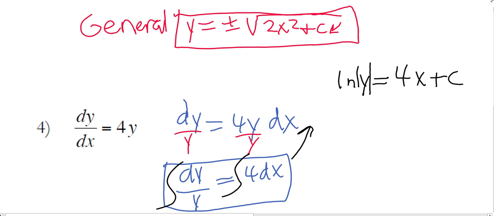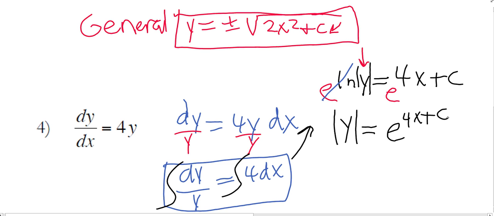When you take the integral there, the natural log always has to be of a positive quantity. So how are we going to get this y out of that natural log? Well, hopefully you remember that we're just going to raise both sides to the e power. And if we do that, you get cancellation here. When you take e and raise it to the natural log, it simplifies, and you get the absolute value of y is equal to e to the 4x plus c.